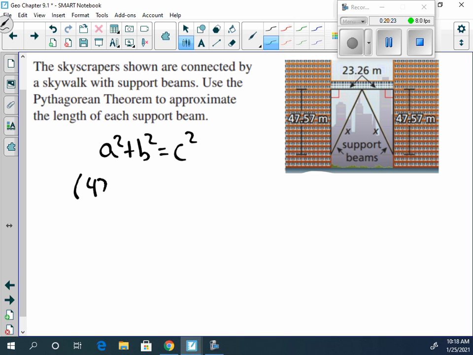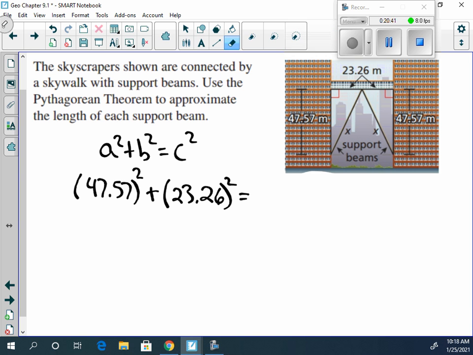So we can plug it in as one of the legs. So we can say it's A. So we have 47.57 is the other leg. And the hypotenuse is what we're looking for.